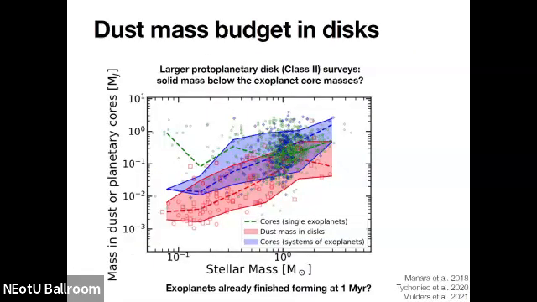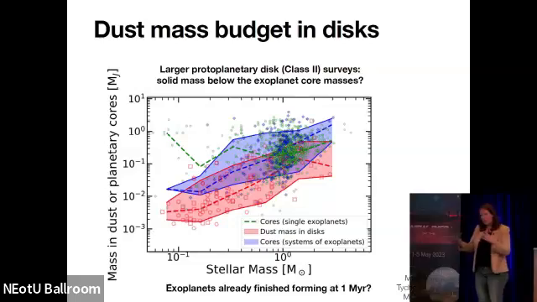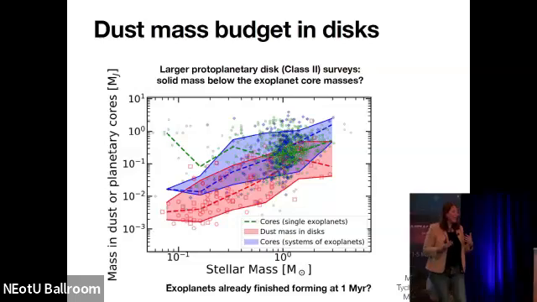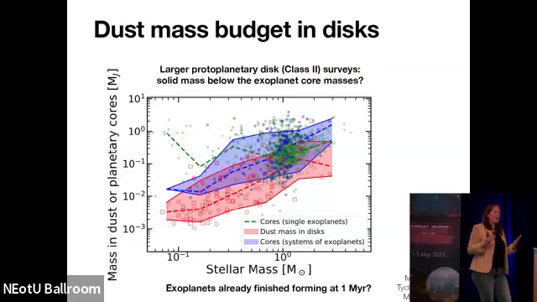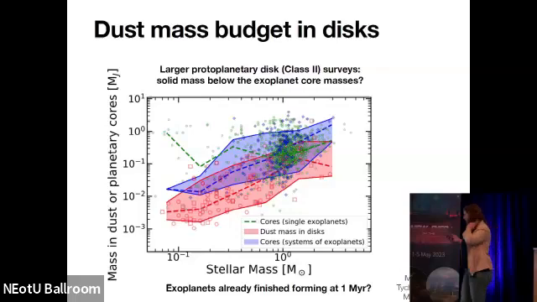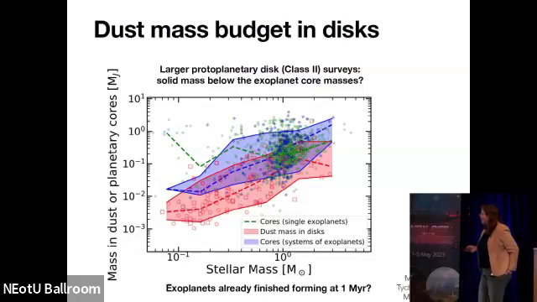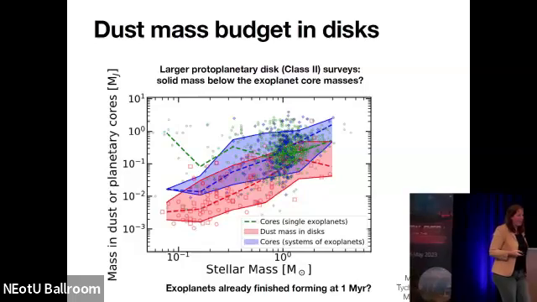Then another big question in protoplanetary disk studies is the dust mass budget. How much dust mass is essentially present in the various stages of the protoplanetary disk? And how does that relate to the amount of mass that is present in exoplanets, in exoplanet cores? It was already realized a couple of years ago that if we look at the total mass as a function of stellar mass for disks and exoplanet cores, the dust mass in disks is essentially below the typical dust mass in exoplanets.